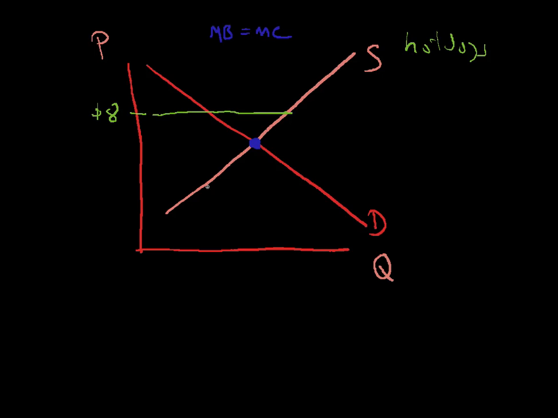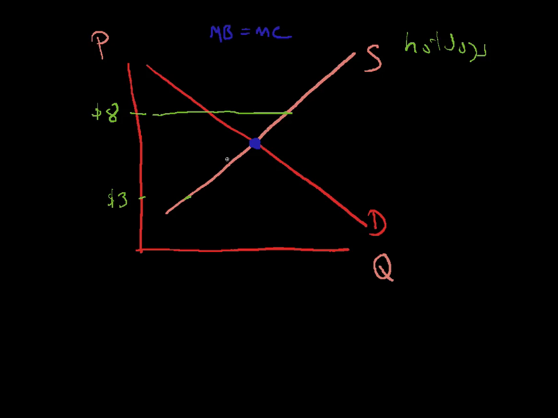These hot dog suppliers, who have different cost structures, would say to themselves, at $8, if I could sell hot dogs for $8, I'm going to make hot dogs because my cost is way down here. As a matter of fact, we can put a number to that cost. We'll call it $3. This guy says, $8, you bet I'm making hot dogs. And on up the supply curve we go.